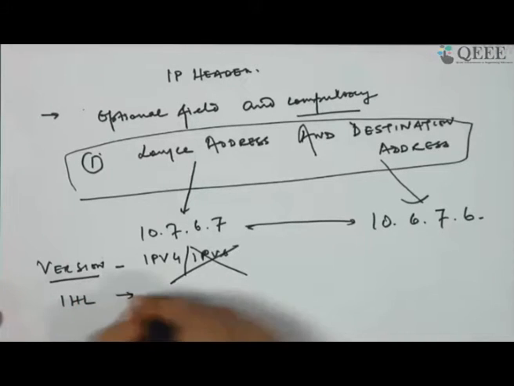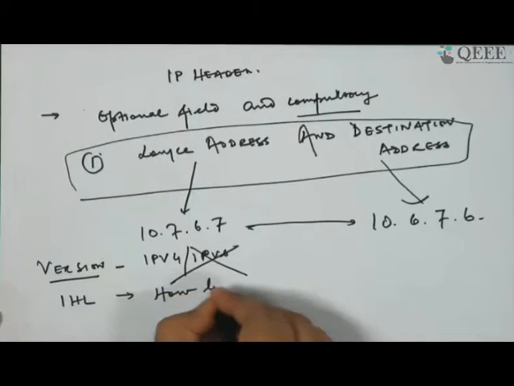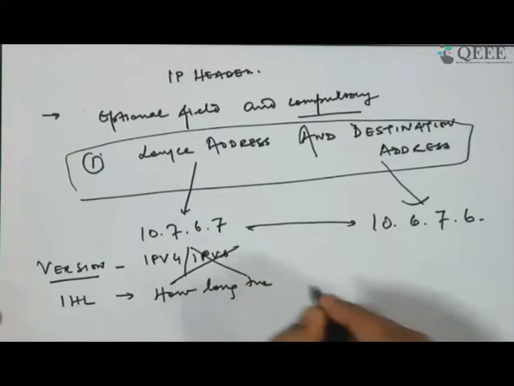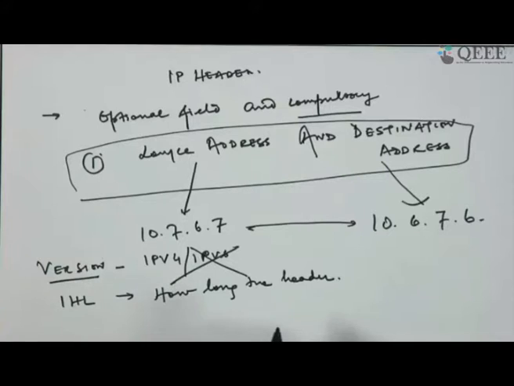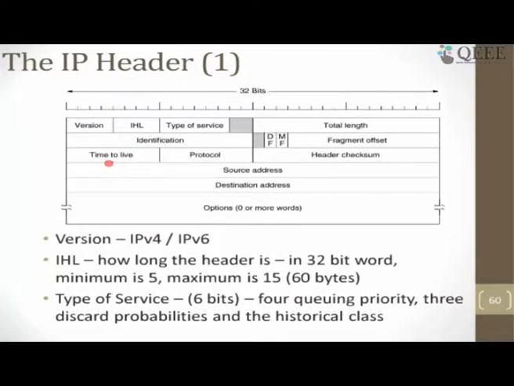IHL: how long is the header? If you see here, there are 1, 2, 3, 4, 5 lines of 32 bits, which are compulsory.